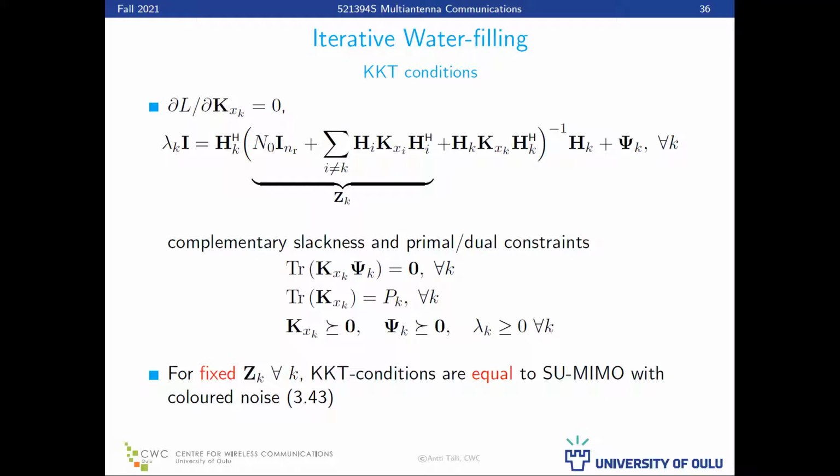We have the complementary slackness: the product of the covariance matrix and the corresponding dual variable. This is related to the positive semi-definiteness, meaning that this product should be 0. And then we have this primal constraint, KXK equals PK. Anyway, I have a mistake there.